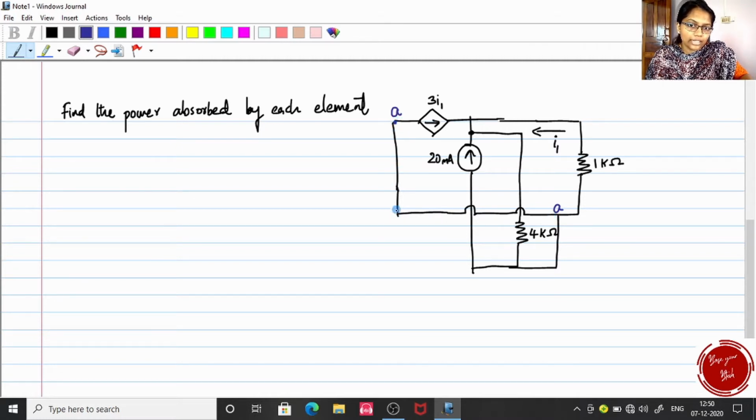This point is just extended through one line and we reached A here, which indicates that this 1 kilo ohm resistor is having one side as the letter A. And again when we go along, this side of the 4 kilo ohm resistor is also A.